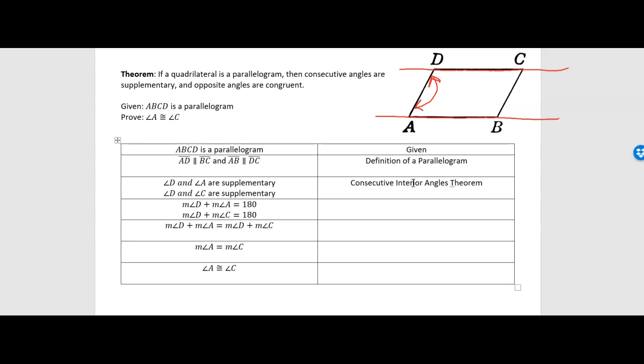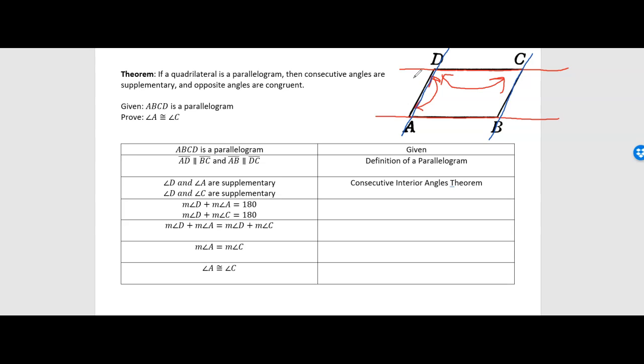They're also saying that we can prove that D and C are supplementary. And of course, we can prove that because we already proved that CB and AD were both parallel to one another as well. Okay, so that kind of knocks out the first part of this theorem. We were trying to say if a quadrilateral is a parallelogram, then consecutive angles are supplementary.